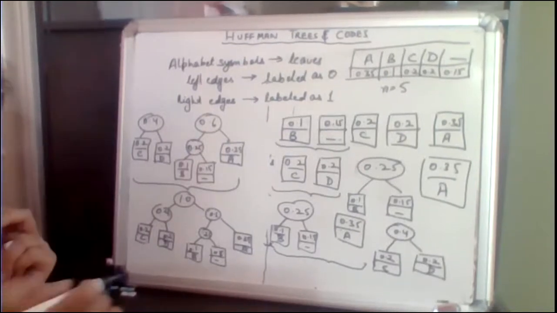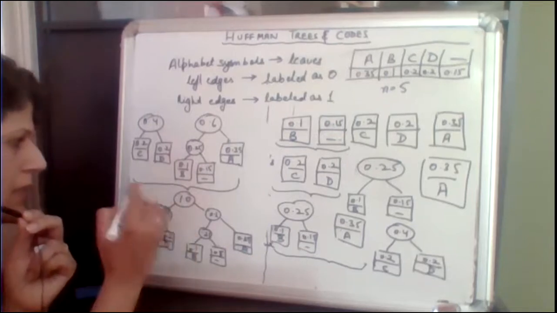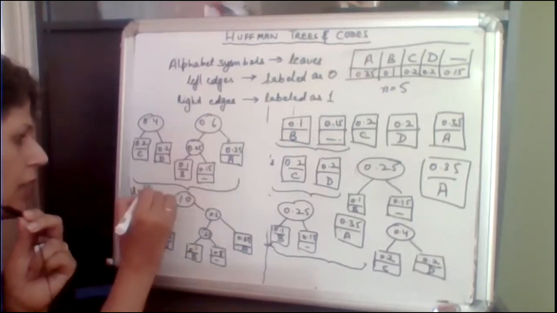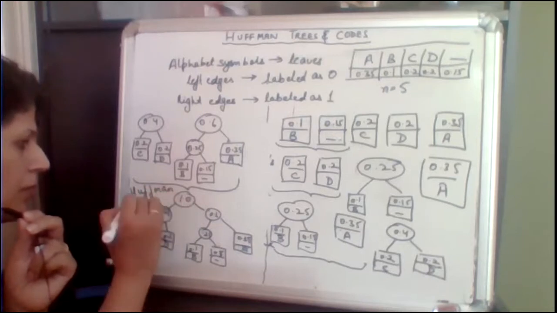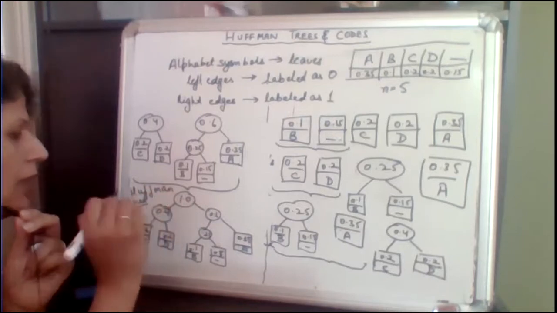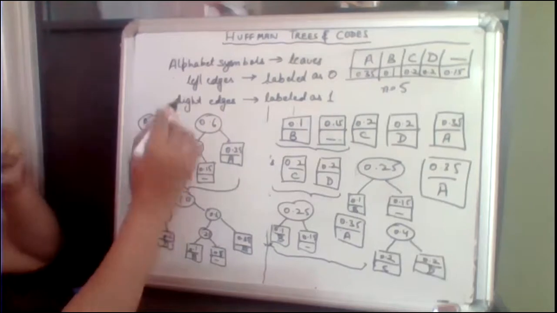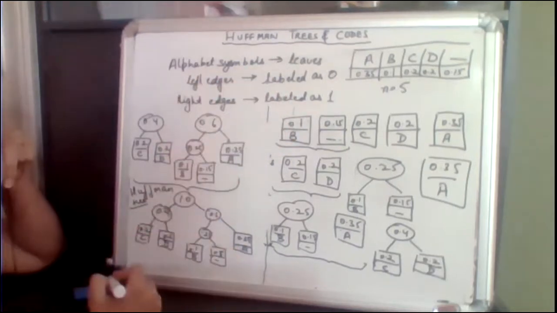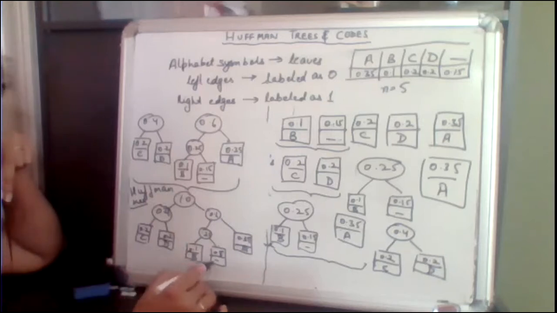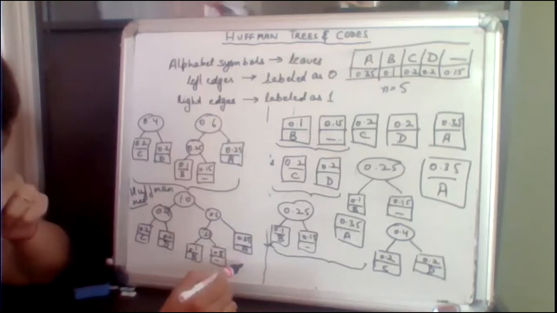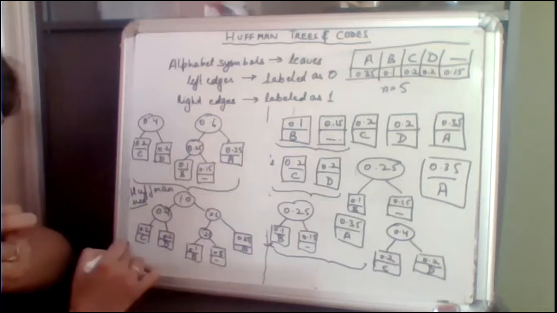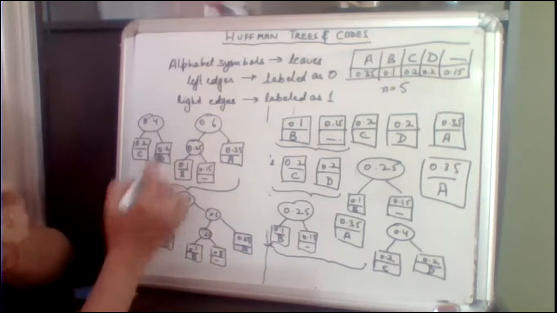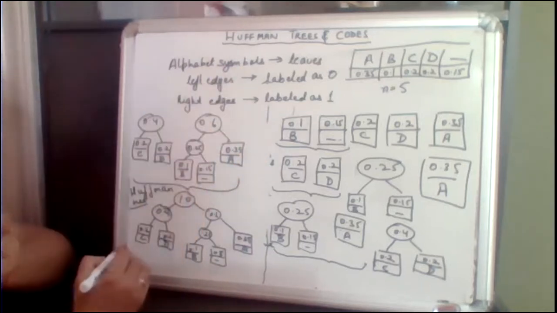Okay. From here, what we get is called your Huffman tree. And in this tree, alphabet symbols are the leaf nodes. So if you see here, C, D, B, underscore, A are all the leaf nodes, and the left edges should be labeled as 0.